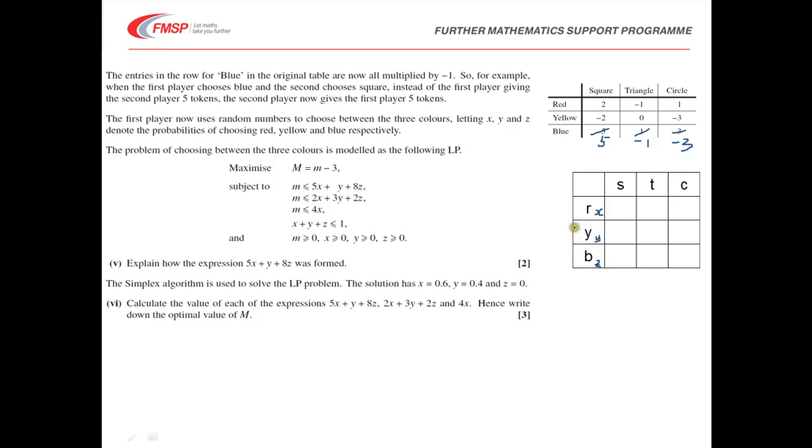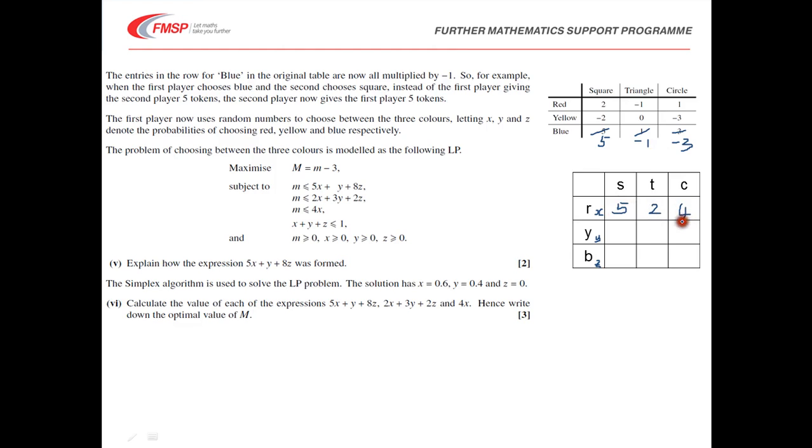Now before we can use the simplex, it's really important to remember that you cannot use the simplex with negative numbers. So what we have to do is add on to make all the numbers positive. So we've got a -3 here, and that is our largest negative number, so we're going to have to add a 3 onto every element.